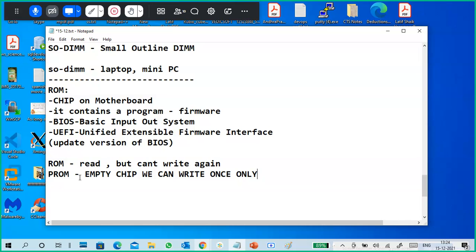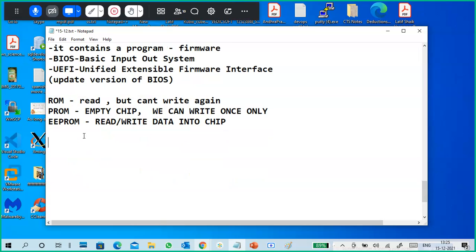So first it's an empty chip, and you can put some data, that's it. Next one, I will directly go to EEPROM. It is called electrically erasable programmable ROM. It means we can read and write data into the chip. However many times you want, you can change it also. That is a ROM chip.